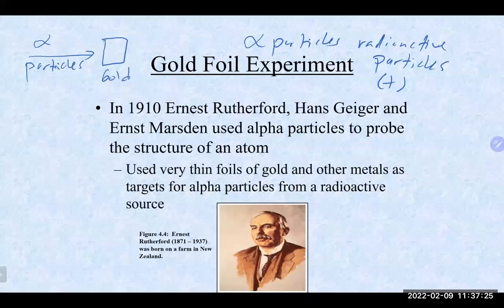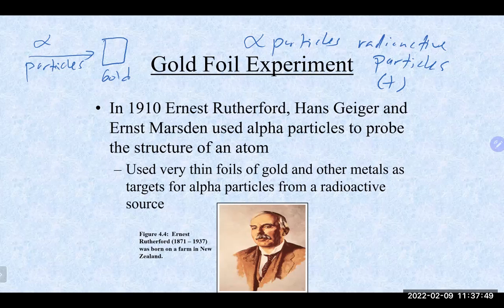They are essentially helium atoms up on the periodic table. So what he did is he took these alpha particles and shot them at pieces of gold, which are really gold atoms, right?